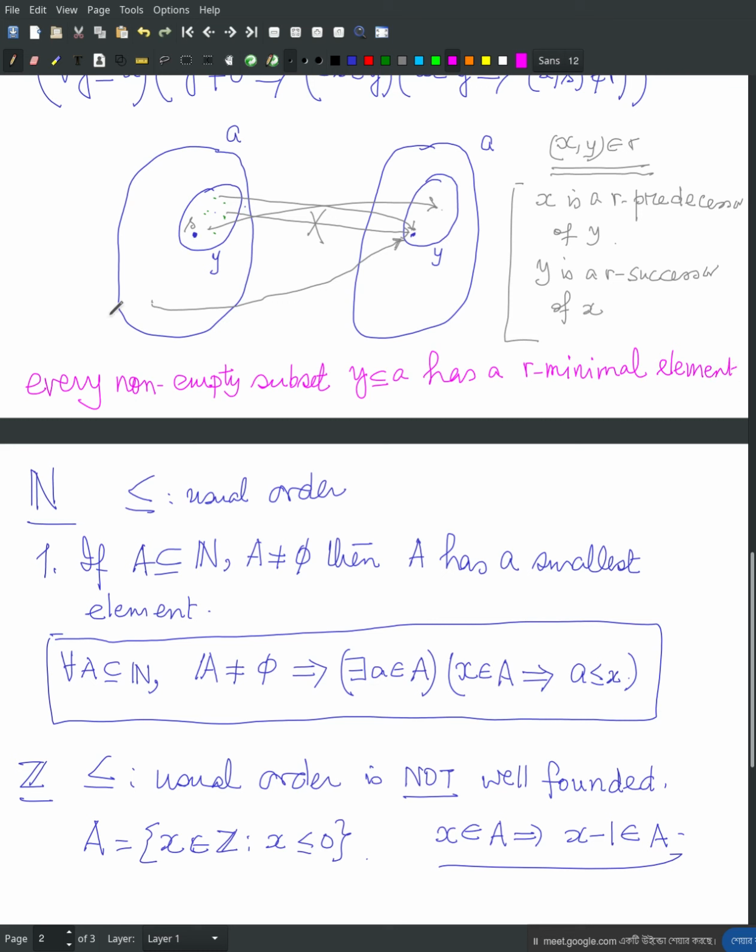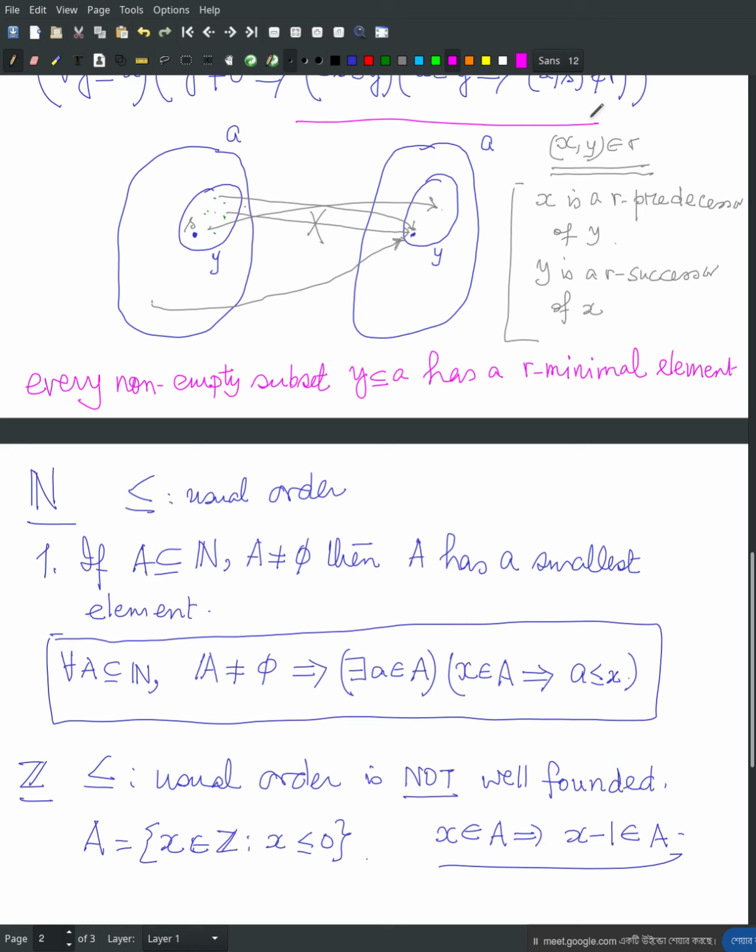And what will be the definition of an R-minimal element? Precisely this: an element of that subset which does not have any R-predecessor. That's it.